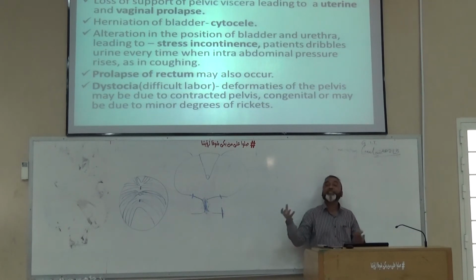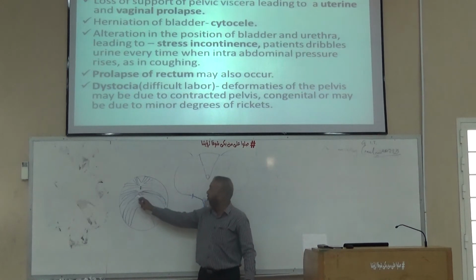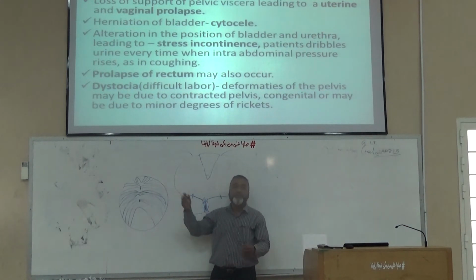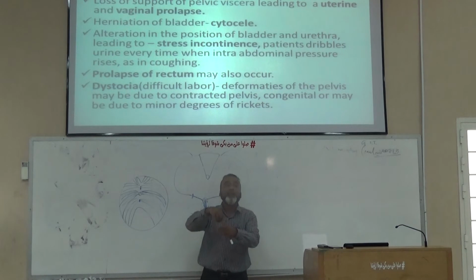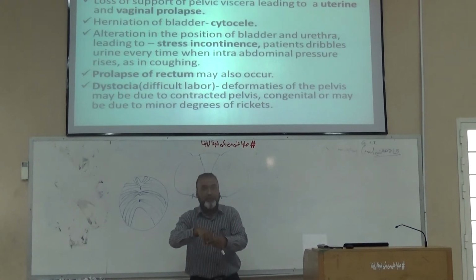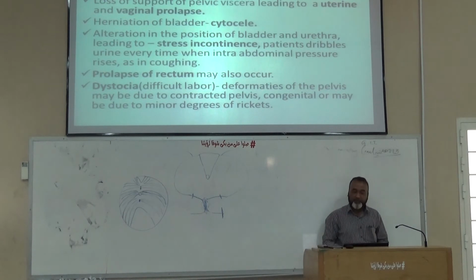This is also named stress incontinence. And when this puborectalis muscle is weak, there is also a chance for the rectum to come down out of the anal opening. So there is also a chance of prolapse of the rectum.